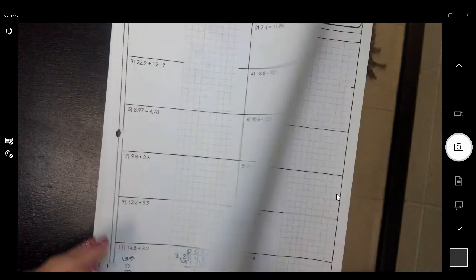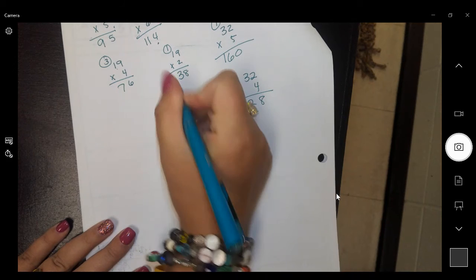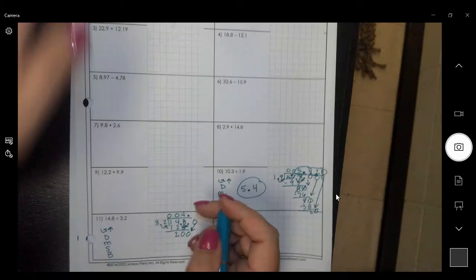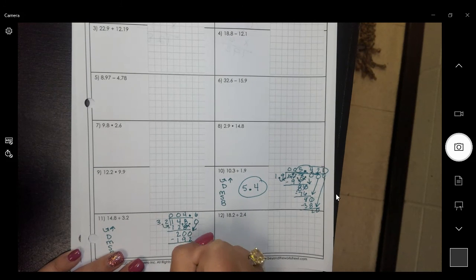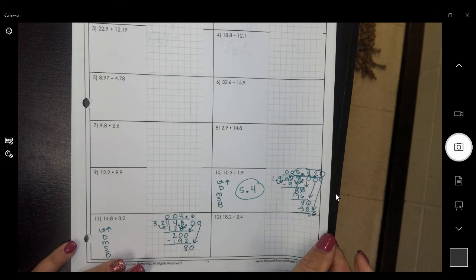Let's try 6. 32 times 6, 12, 18, 19. Woo, that's really close. So we're going to try 6, which gives us 192. I'm going to subtract. I get 8. Add my 0, bring it down, get 80.